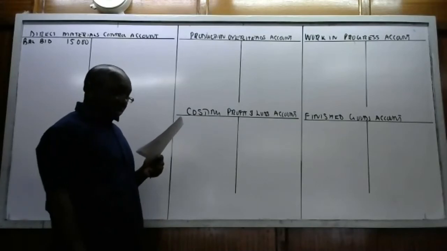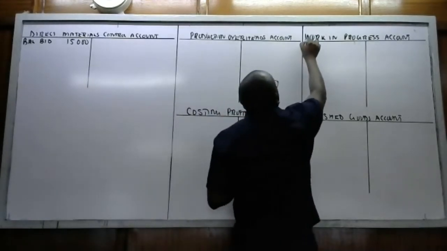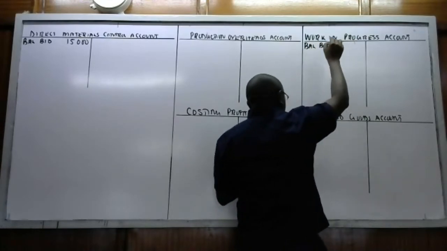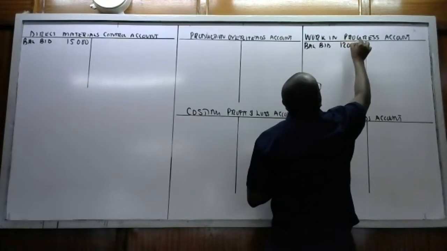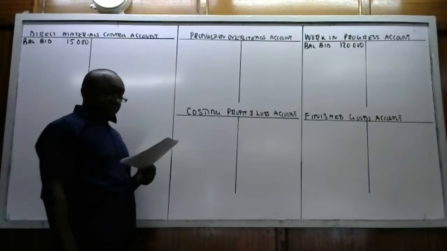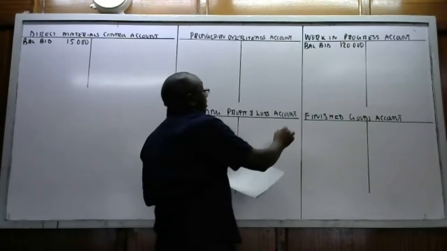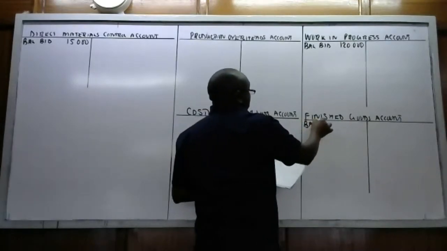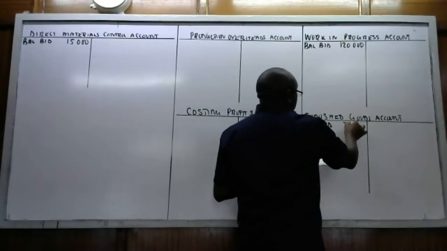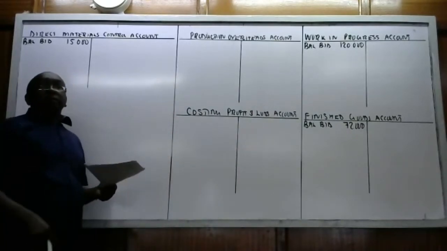Then work in progress, which is also an asset, where the balance brought down is 120,000. Finished goods, which is also an asset. Balance brought down is 72,000.